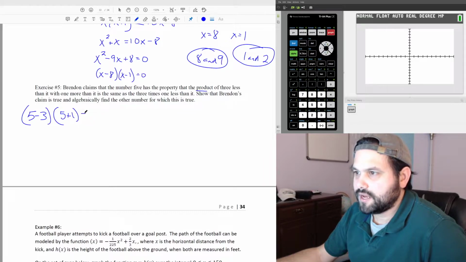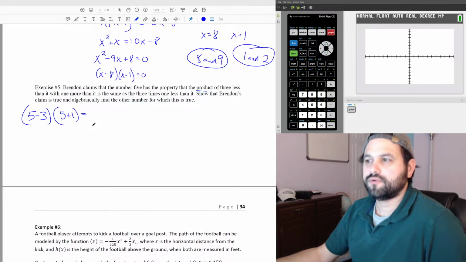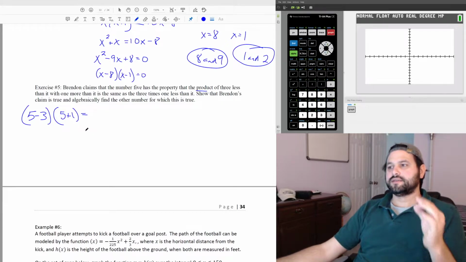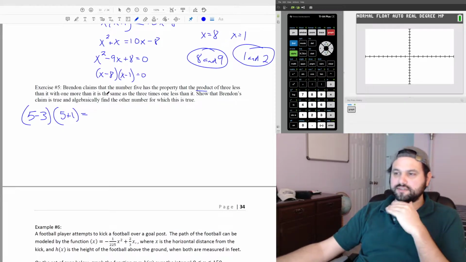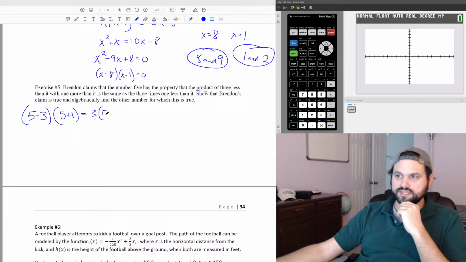is the same as 3 times 1 less than it. So 3 times 1 less than 5. Okay, so this is his claim. We want to know, is his claim correct?